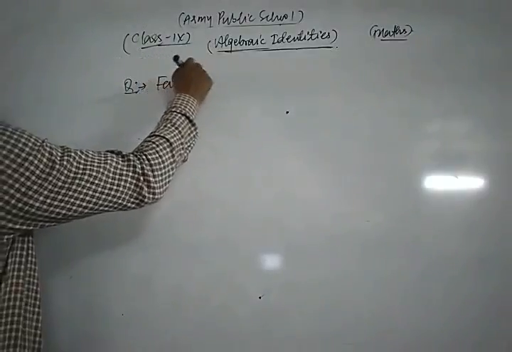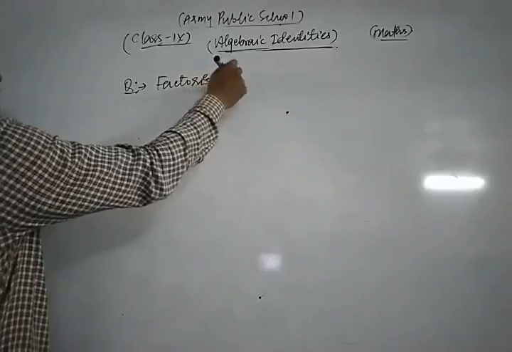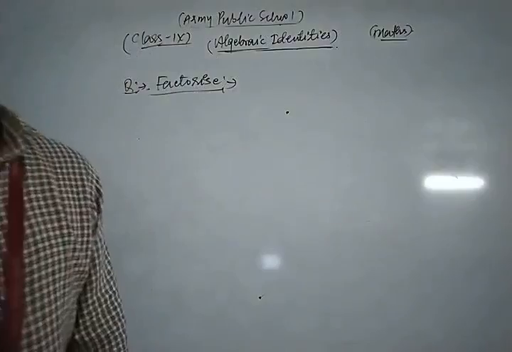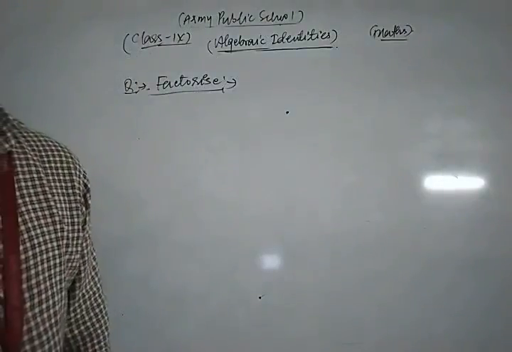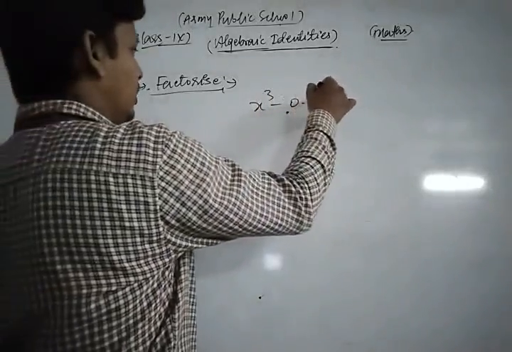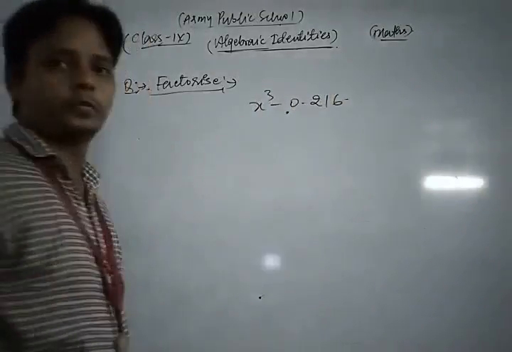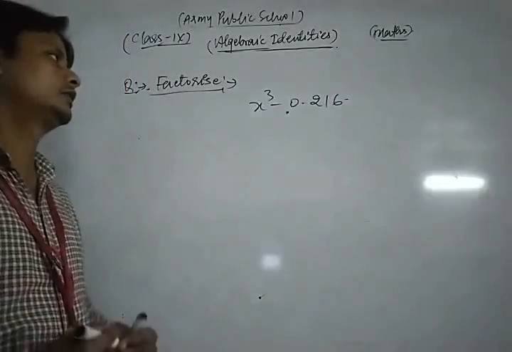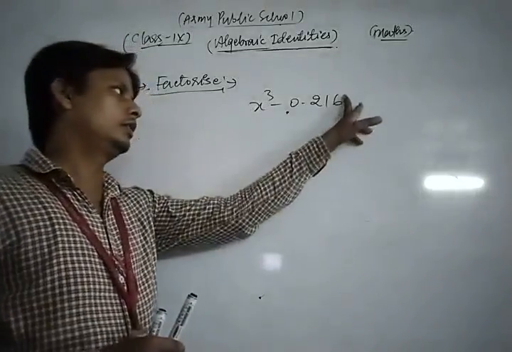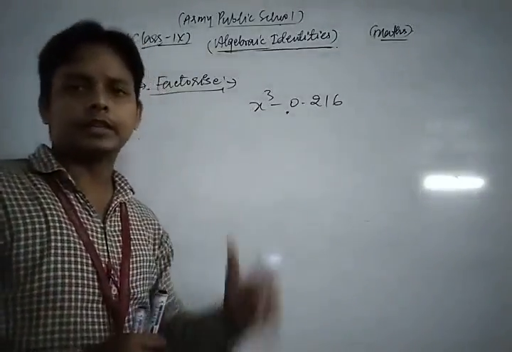Factorize x cube minus 0.216. Okay, we factorize them.